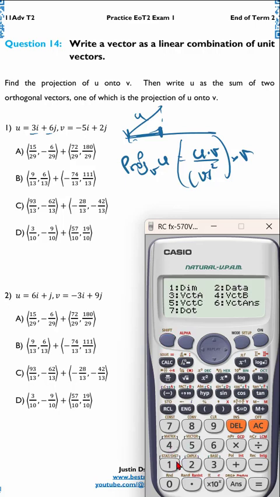U, that is shift 5, 3, dot product is again shift 5 7, that's the dot product, shift 5 b. Now this is entirely divided by the modulus, which can be given as shift hyp, that's the absolute value, the magnitude. You can directly get it by ABS, that shift and this hyp symbol. Of what? Of the second vector, close the bracket. I've closed it twice, and now I'm going to square this up.